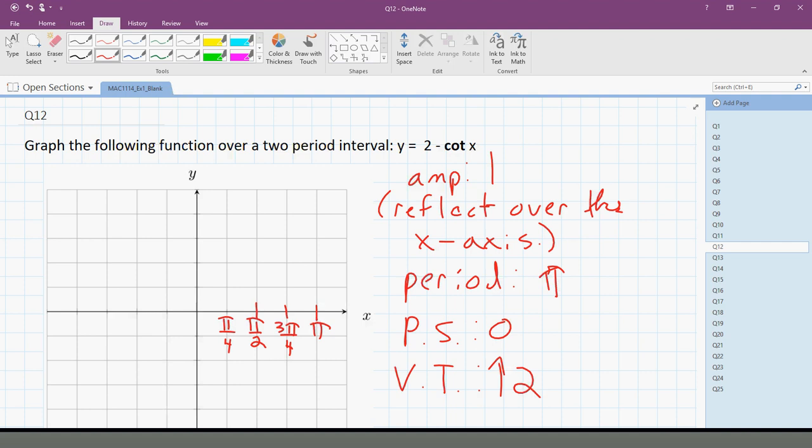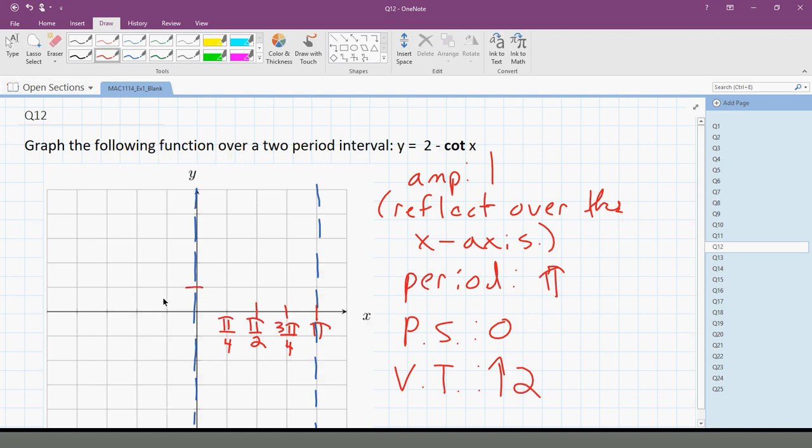Remember with cotangents, your beginning and ends are asymptotes. Same thing with tangent. The beginning and the end are asymptotes. And your graph exists between these two. Now comes the information.